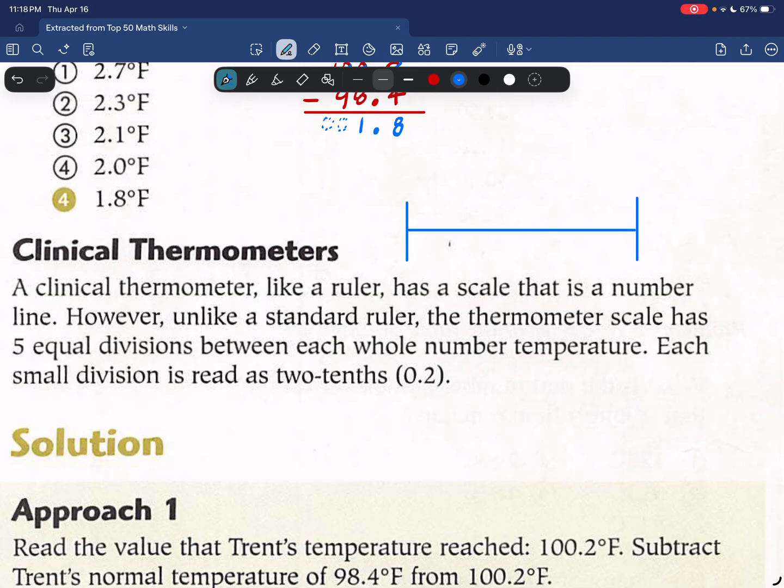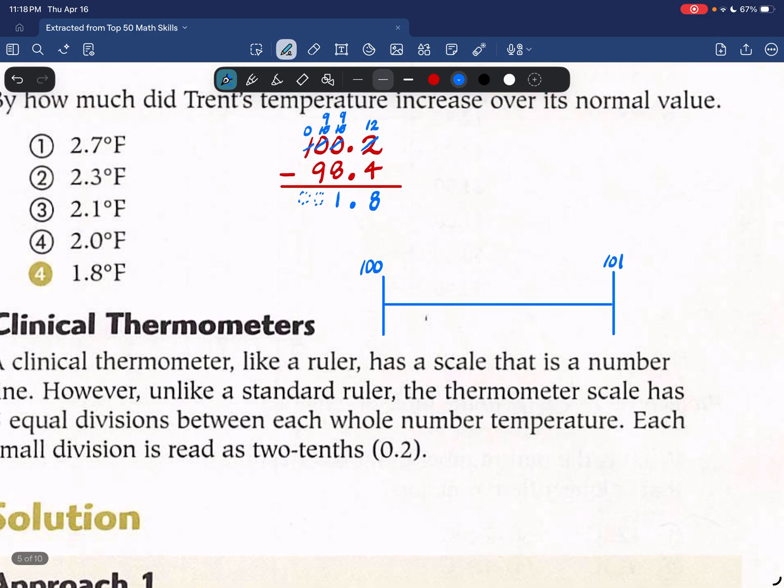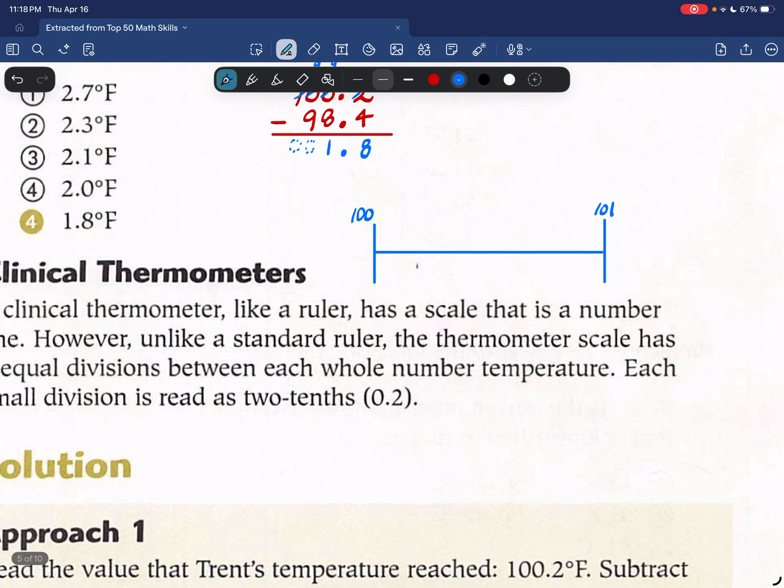so maybe this is the, let me just use what they did. We'll call this the 100, and this is the 101. And they're saying that there are 5 equal increments in here. So I'm going to just kind of guesstimate. It's pretty close. It's not exact.